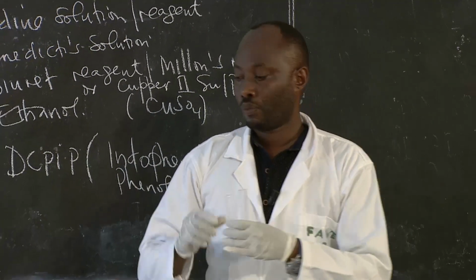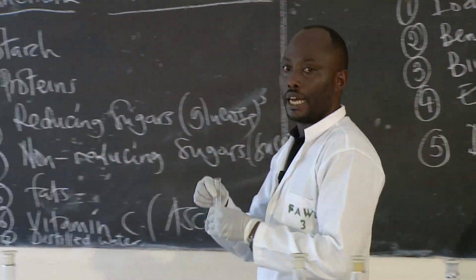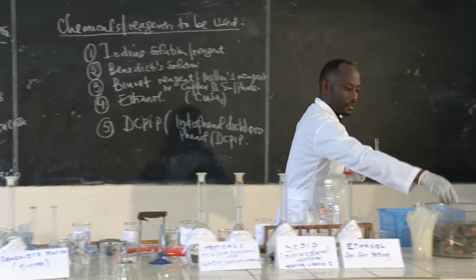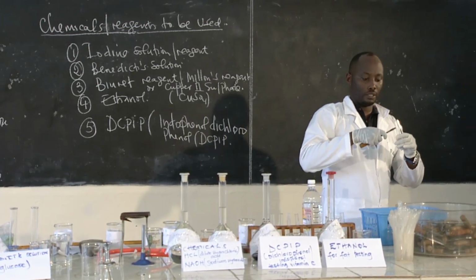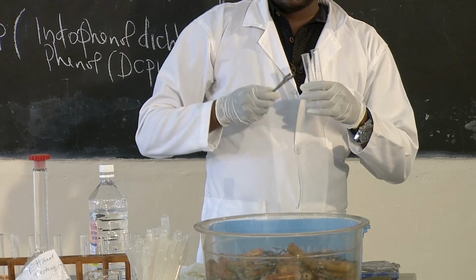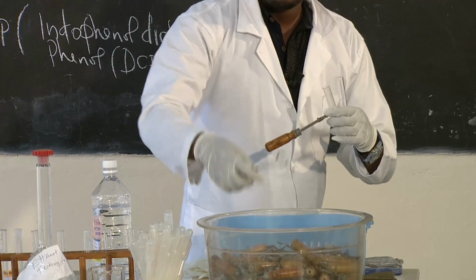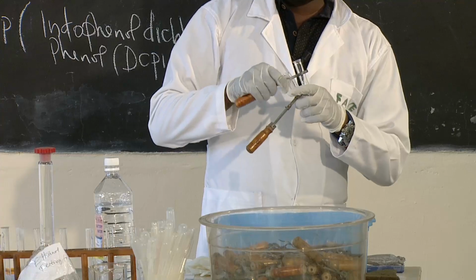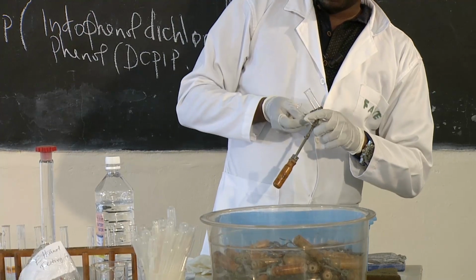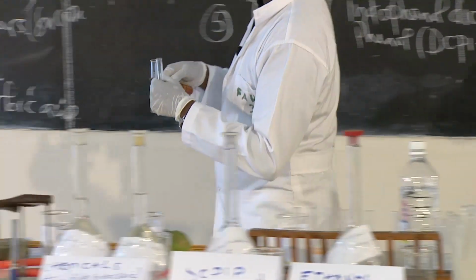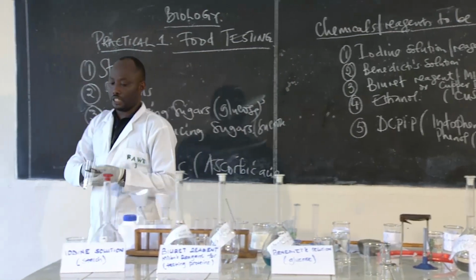Now, we are going to add the iodine solution. We have test tube holders. Let us get test tube holders, and we try to observe clearly. What do you use to test starch?